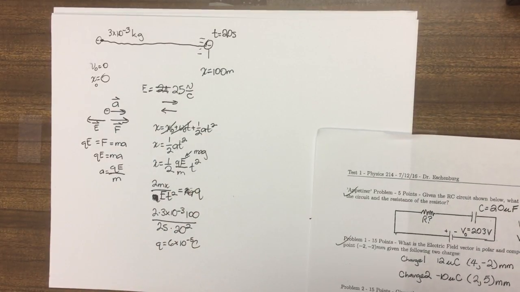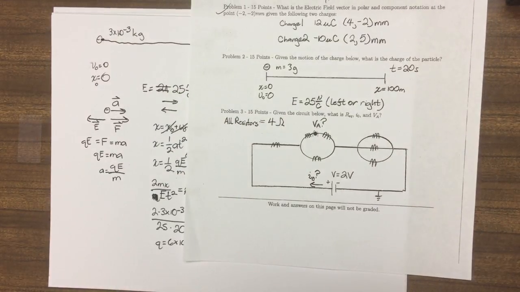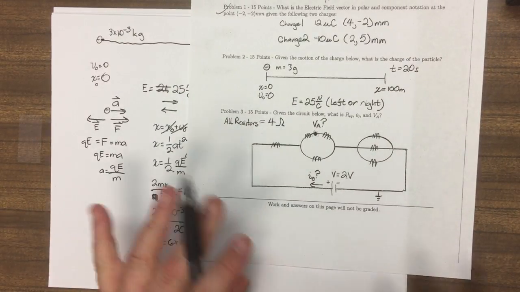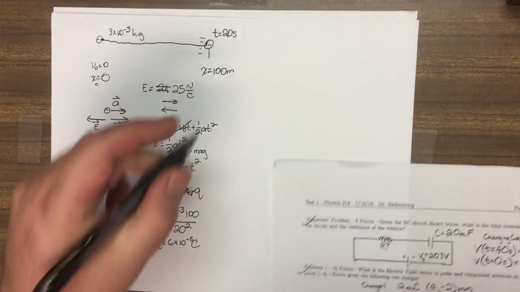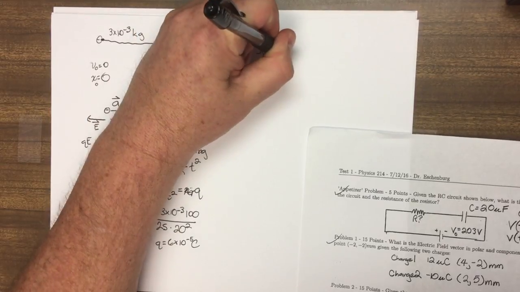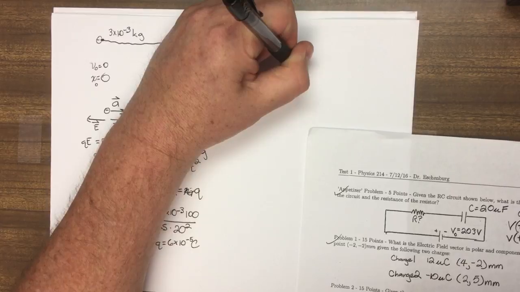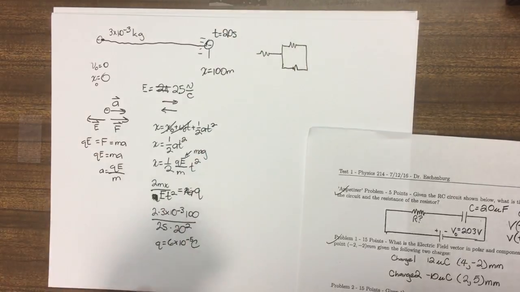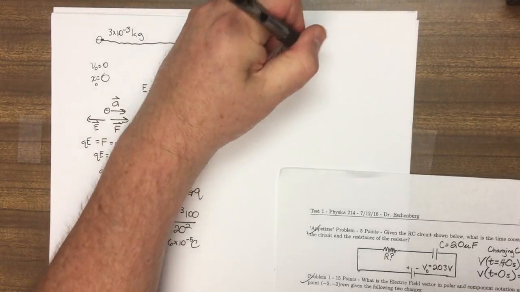Problem 3, a straightforward circuit problem. First thing you want to do with any of these things is to find Req. First swoosh happens when the upper set of 2 resistors is changed into 1.